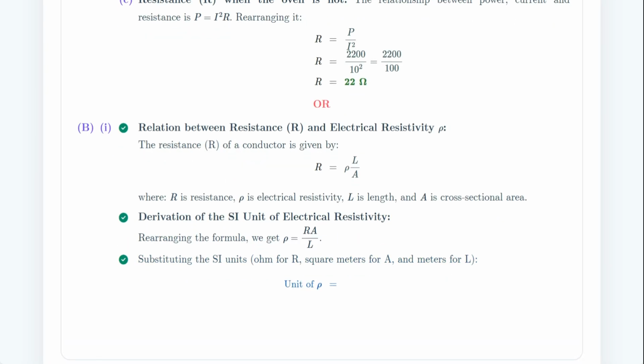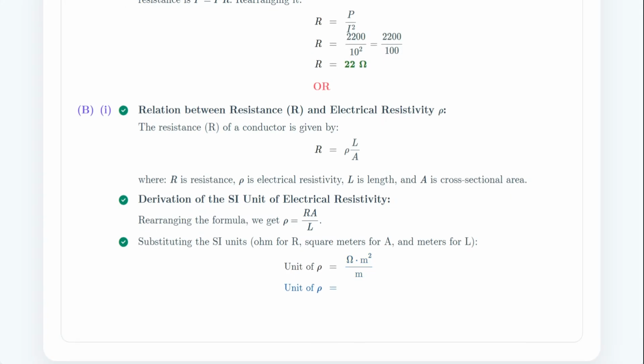The unit of ρ equals ohms for resistance multiplied by square meters for area, all divided by meters for length. One of the meters cancels out from the top and bottom, leaving us with ohm meter. Always double check this unit. It's a huge favorite for board exams.